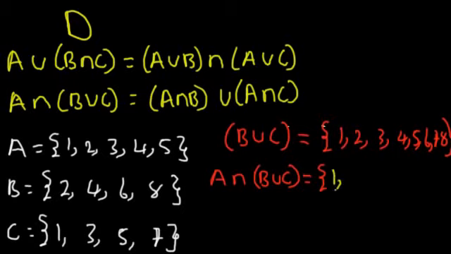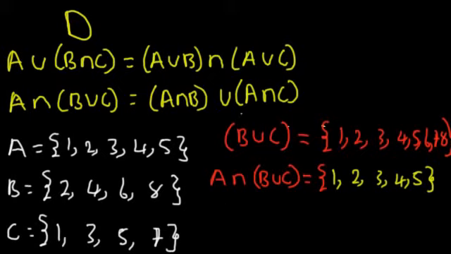It's going to be 1, 2, 3, 4, 5. Now let's move to this point. What will be the value of A intersection B union A intersection C?